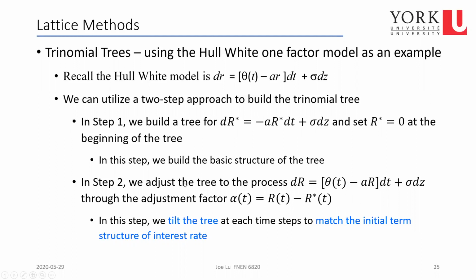Therefore we have an interest rate process that matches the initial term structure. Then we can price the options based on that interest rate tree, and with that tree, the initial term structure of interest rates matches perfectly with what we observe currently in the market.